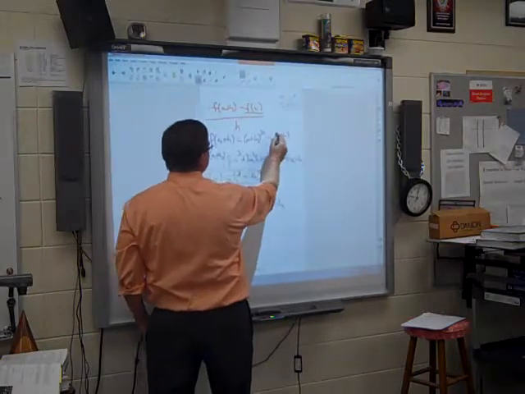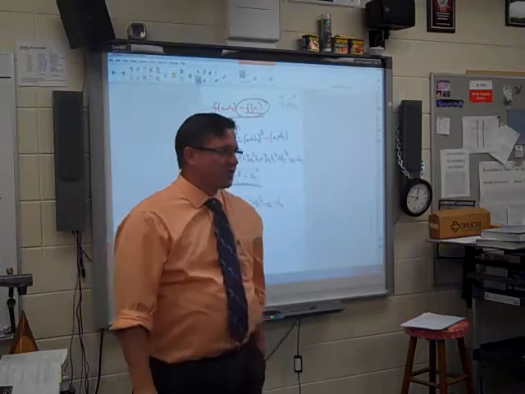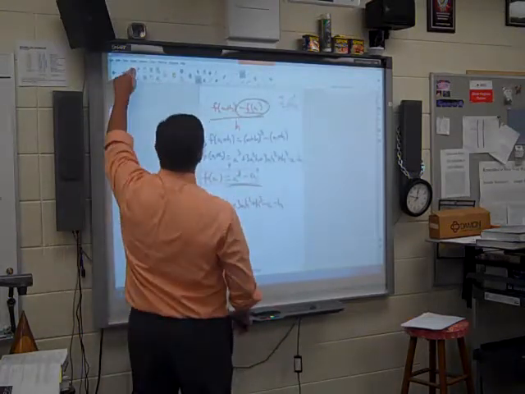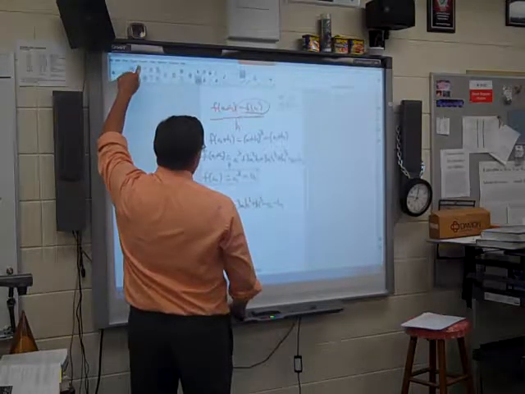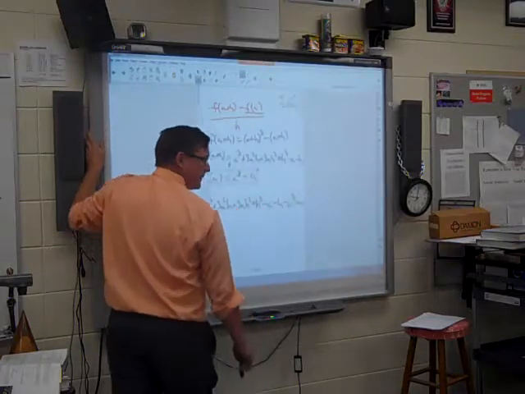Minus, now everybody, it's minus F of A. So all the terms have to change signs. Remember, the negative sign must distribute. This is a very common error. All right, so it's going to be minus A cubed plus A. Does everybody see that?